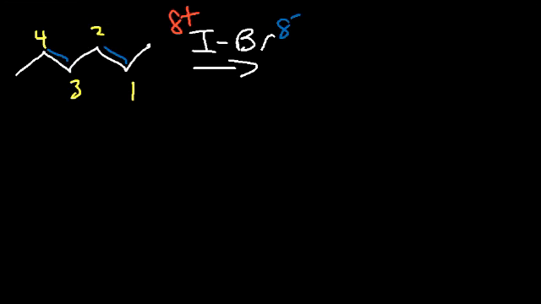So let's draw the 1,2 product. Just like before, we're going to put the element that is electropositive on carbon 1. That's going to be the iodine atom. And on carbon 2, the one that's electronegative, or bears the partial negative charge, that's going to be the bromine atom.